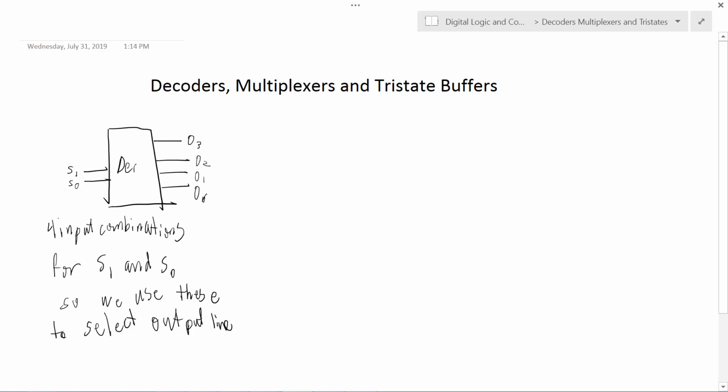This is our decoder, 2 to 4. So it takes 2 inputs and outputs 4 output lines.